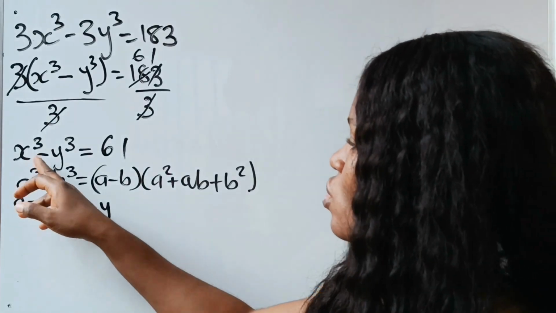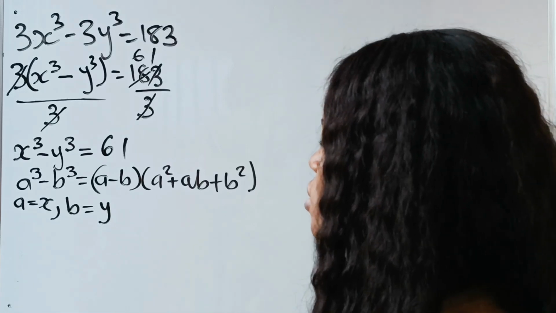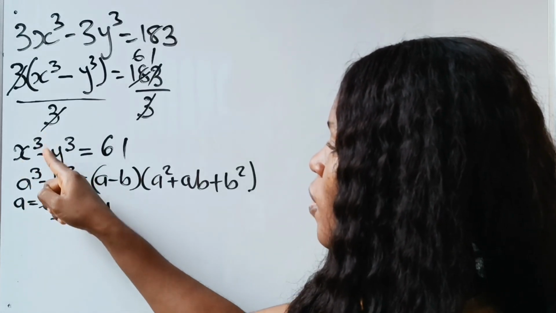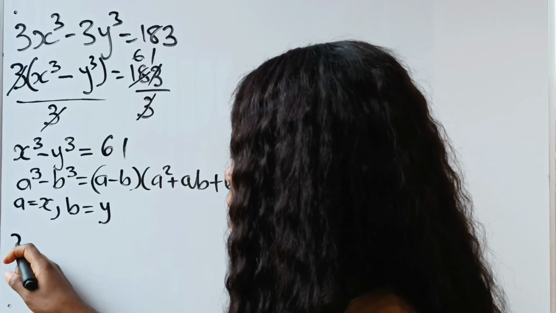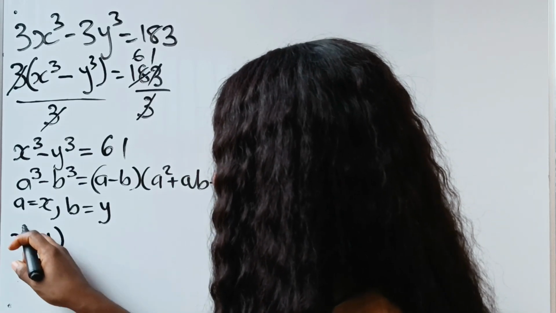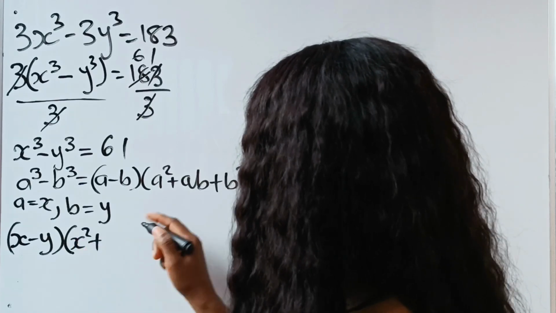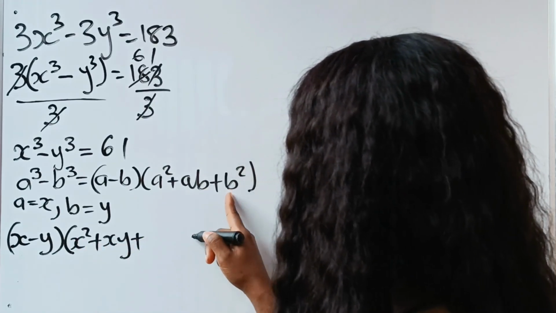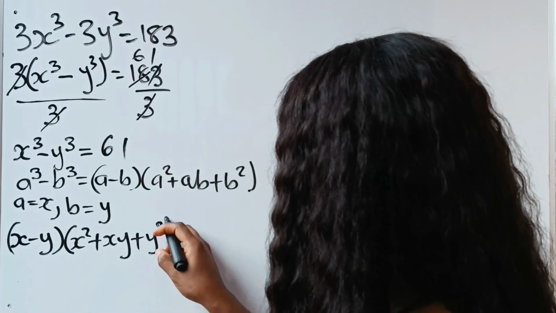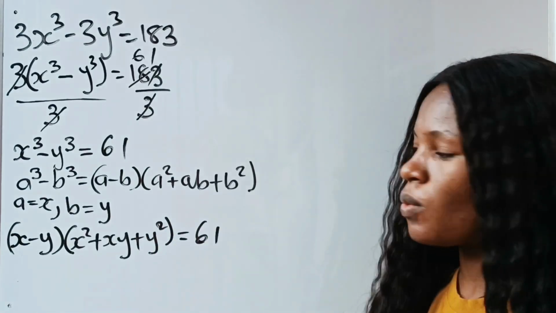So we are going to substitute these values in place of this. Instead of writing x to the power of 3 minus y to the power of 3, we are going to write x minus y multiplied by a squared, that is x squared, plus ab, that is x multiplied by y, plus b squared, that is y squared, and everything is equal to 61.